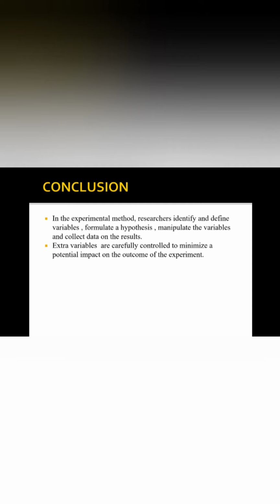There are mainly three types of variables: independent, dependent, and intervening. The independent variable stands for the cause and the dependent variable for the effect of that cause. The other conditions or factors that influence the cause and effect relationship are called intervening variables. In an experiment, all such variables need to be controlled.